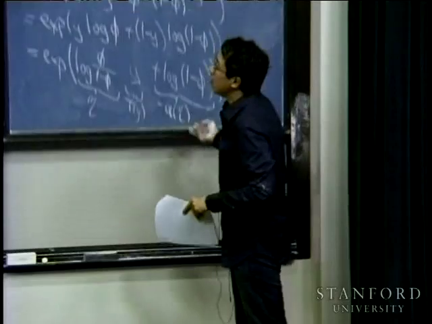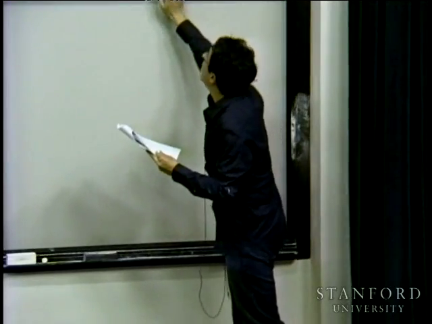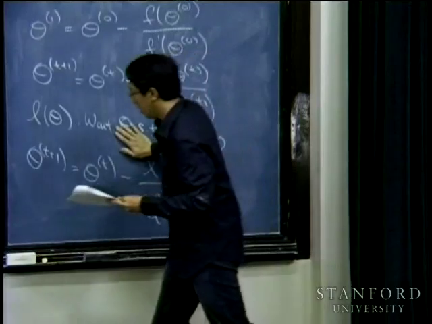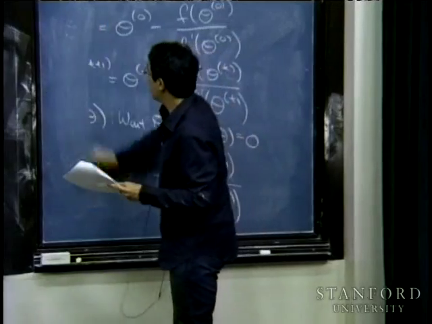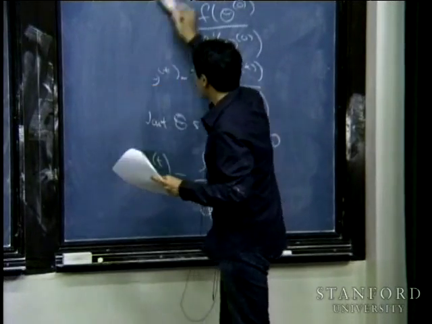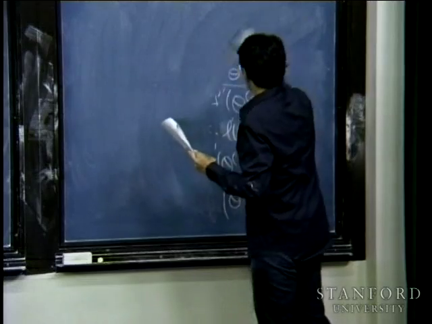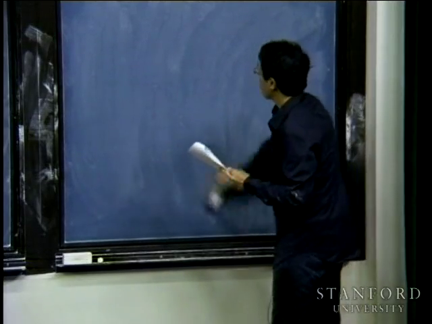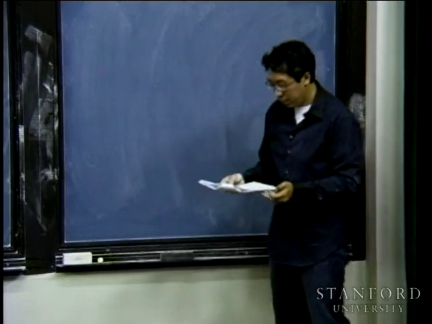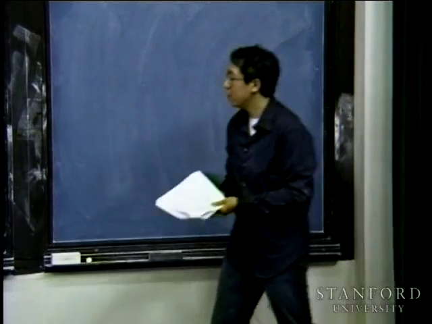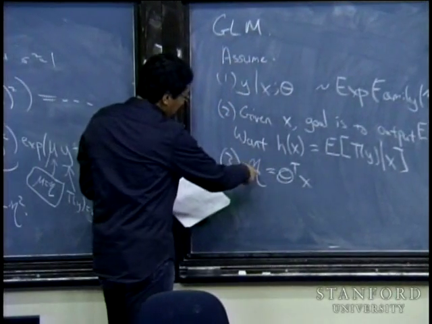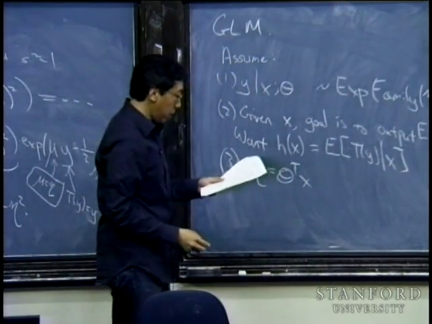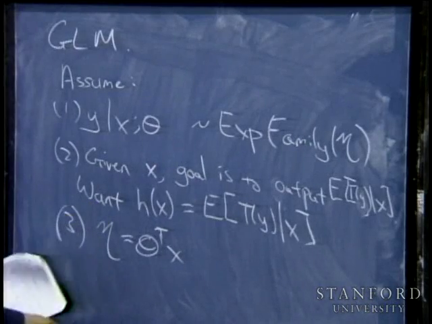So, let's work through an example. Eta equals theta transpose x works for the case where eta is a real number.